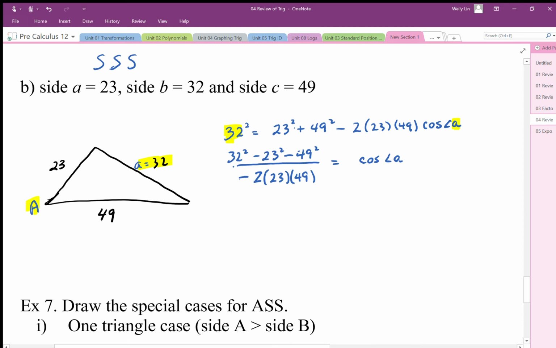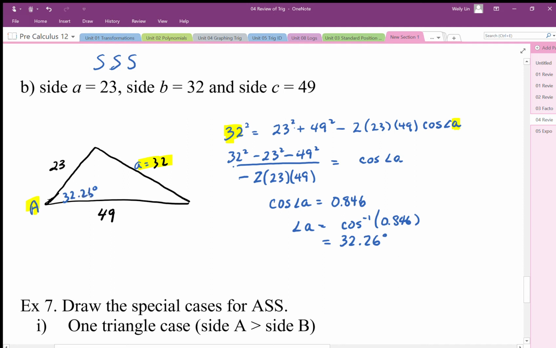That's going to give me positive, so cosine of angle A is positive 0.846 when we round that. So angle A is equal to the inverse cosine of 0.846, and my calculator is going to give me a value of 32.26 degrees. Okay, so that looks about right.